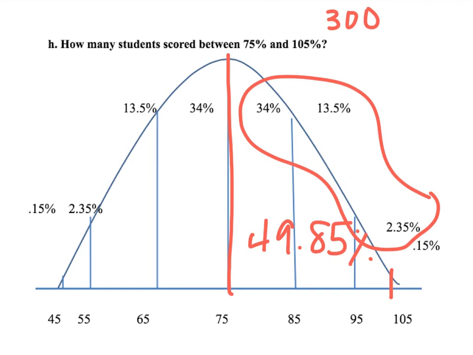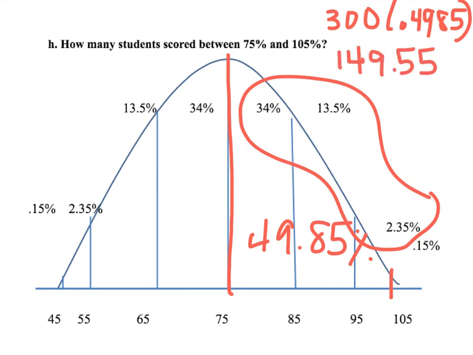If you multiply that by the percentage, 0.4985 in decimal, and put that in your calculator, you would get 149.55 kids. If we're talking about kids, you would probably want to round that up to about 150. About 150 kids scored between a 75 and 105 on the quiz.